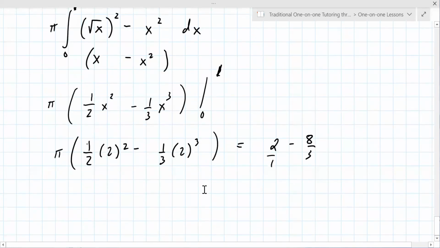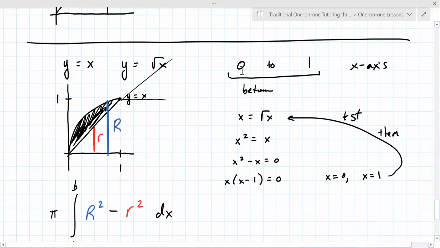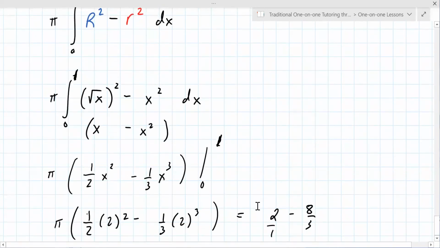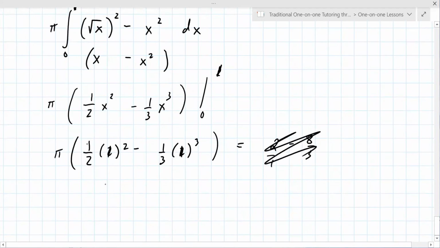But don't they give you those? I gave them to you, but they don't always give them to you. Gotcha. So this is going to change things quite a bit, because this is going to be 1/2 minus 1/3, which is what I was expecting, which is 1/6 pi. Hooray.